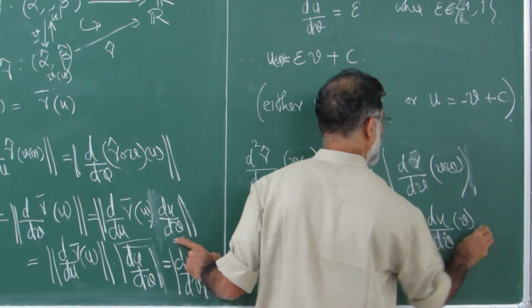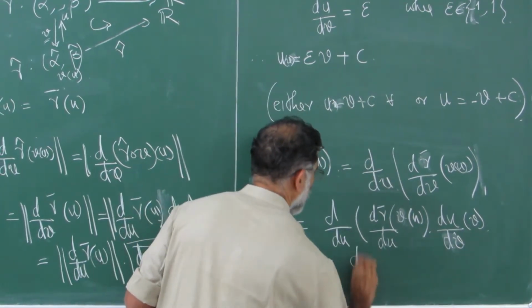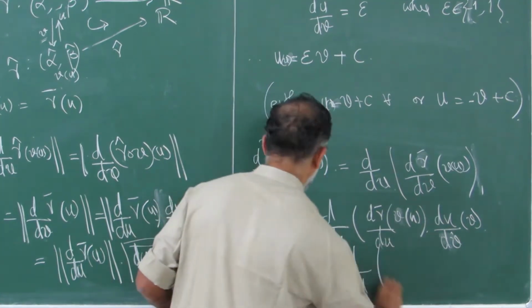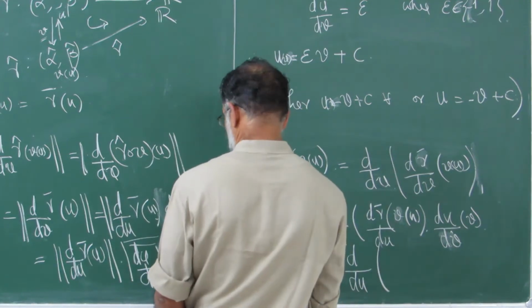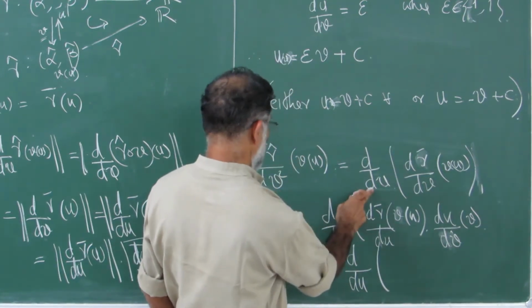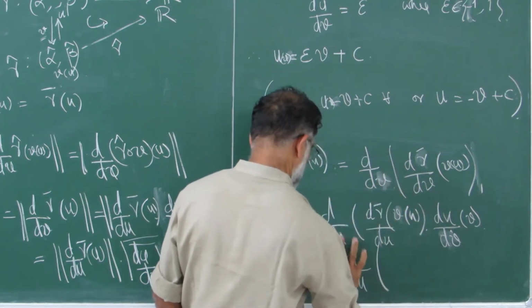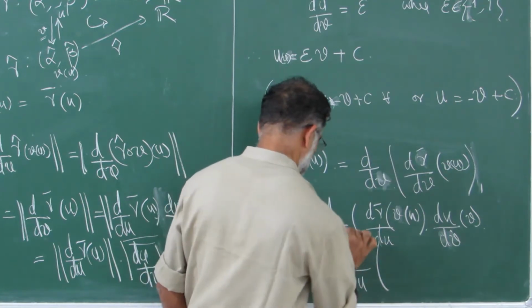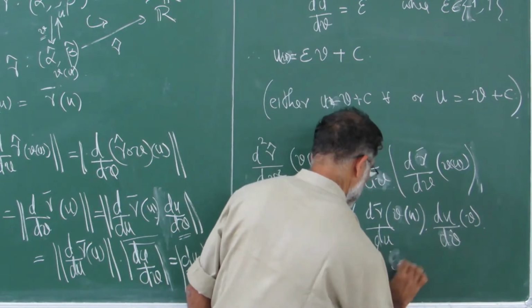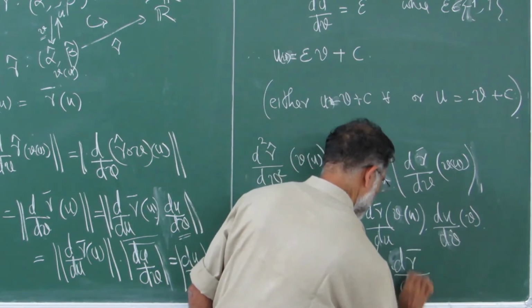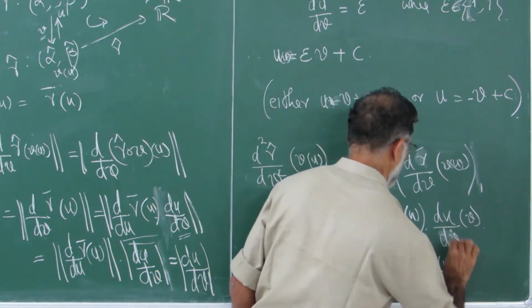And this is epsilon. So that is equal to epsilon times d by dv of d gamma bar by du and du, that's all.